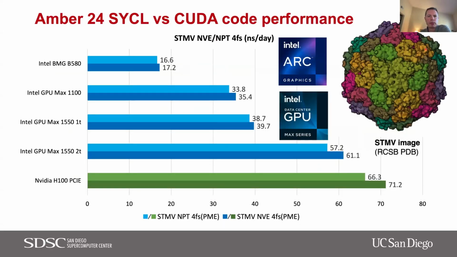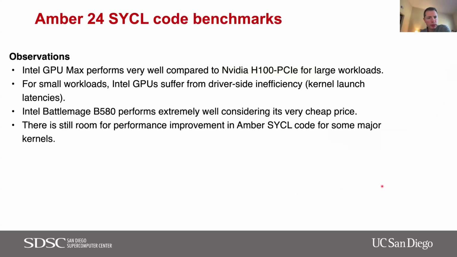And that's just a different representation that shows the different GPUs, the performance relative to the H100. Yeah, so that SYCL code actually performs quite well on the GPU Max compared to the H100s. For the small workloads, the Intel GPUs suffer a little bit from driver-side inefficiency, so these kernel launch latencies.